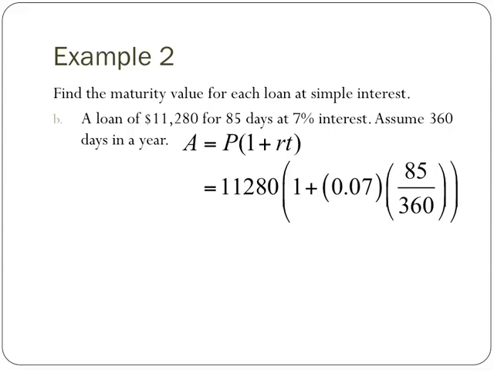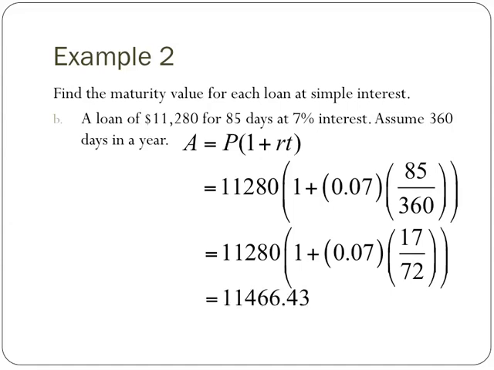And so simplifying this, we end up with 11,466.43. So the maturity value after 85 days at 7% interest is going to be $11,466.43.